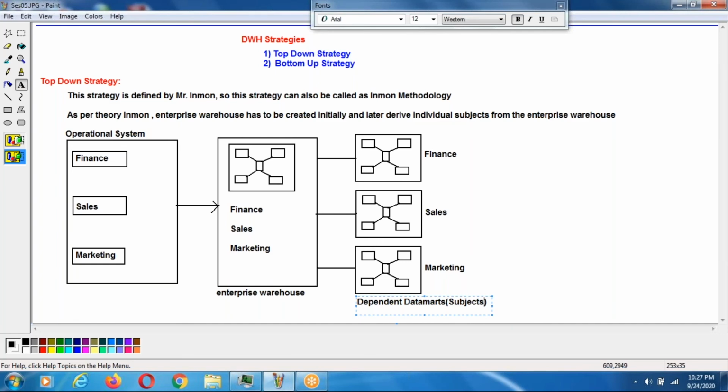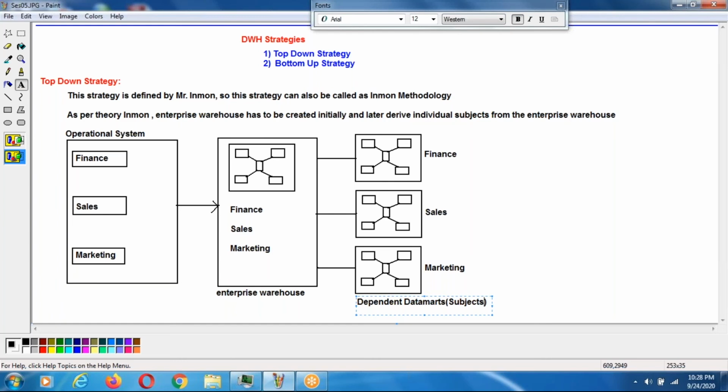The general name is subject; technically we'll call it a data mart. As a definition, what is a data mart? It is a mini warehouse pertaining to a particular subject area. Or in another way, you can see it is a subset of the enterprise warehouse. It is a small part of the enterprise warehouse.